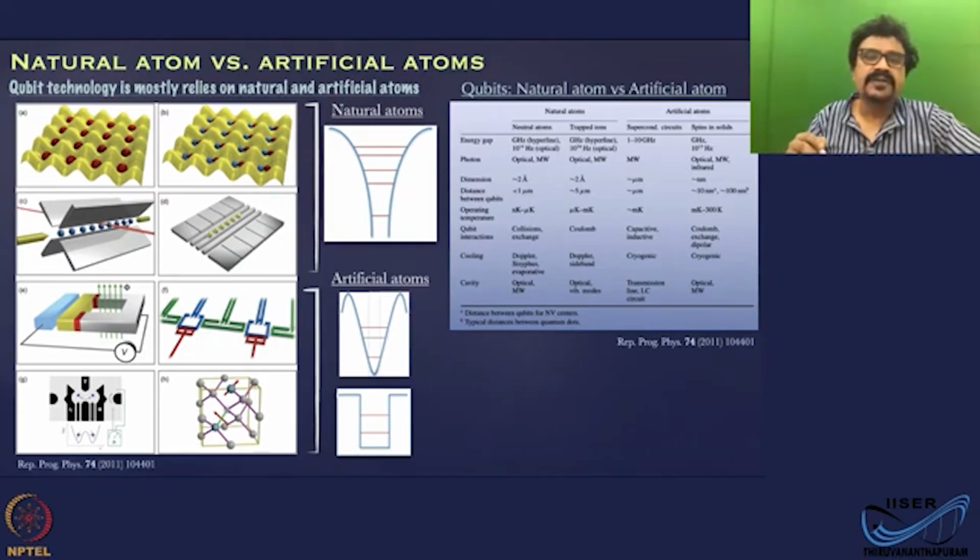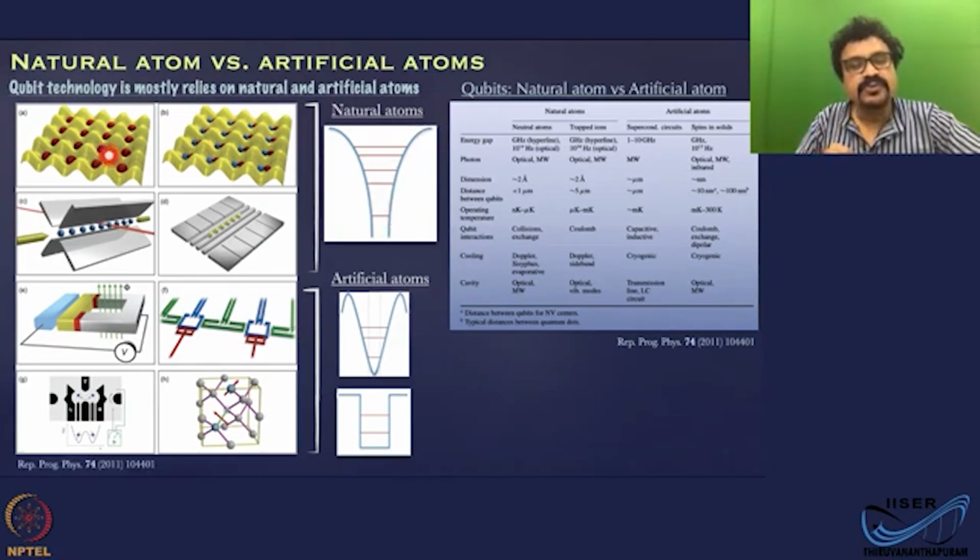So the qubit candidates, or the quantum mechanical systems which are used to realize qubits, fall into broadly two categories. The first two here are based on natural atoms, with a potential roughly shown here.